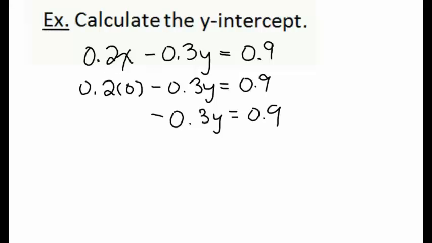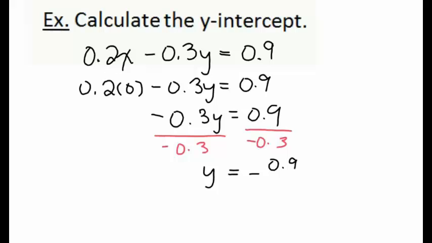And we could finish off by dividing both sides by negative 0.3. This is going to leave us with y equals negative 0.9 over 0.3.